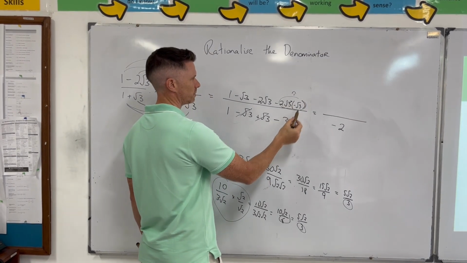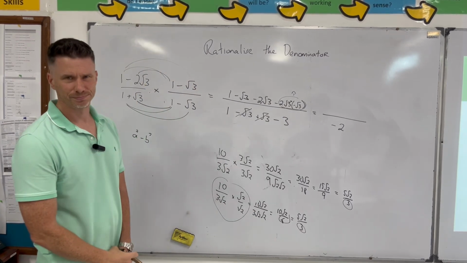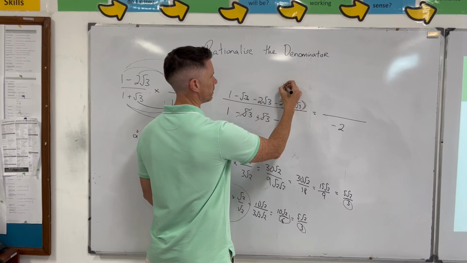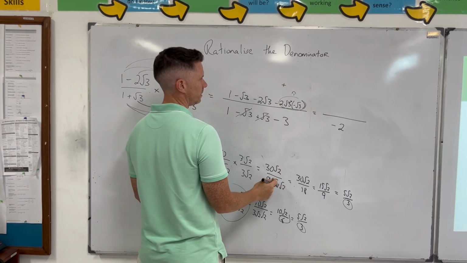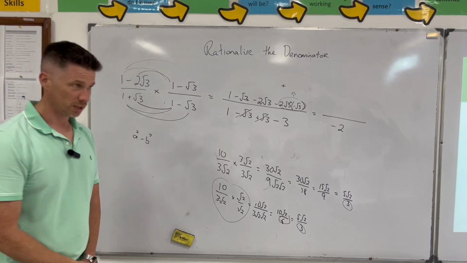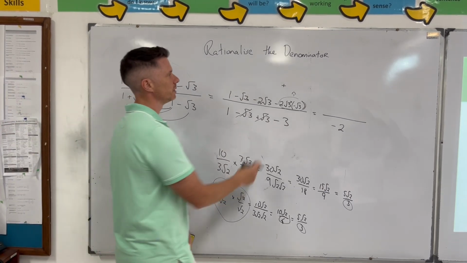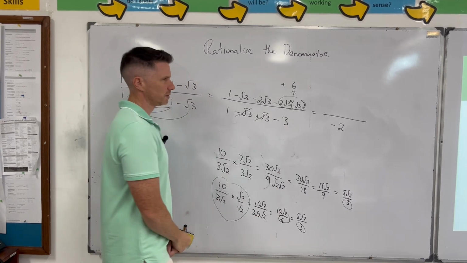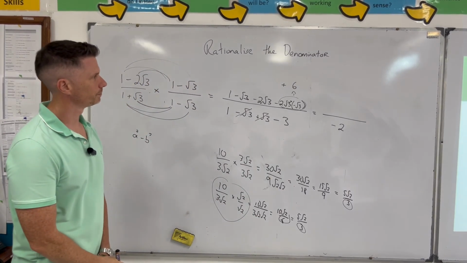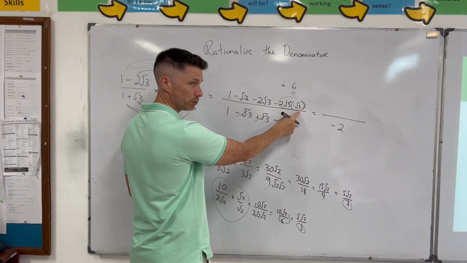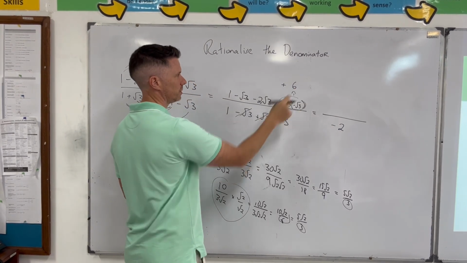2 root 3 times minus root 3 is what? First of all, there's going to be 2 minuses here multiplied, so that's a plus. What's root 3 times root 3? 3, or root 9, which is 3. So 2 times 3 then gives 6. So root 3 times root 3 is root 9, which is 3, and that 3 gets multiplied by the 2 to give 6.